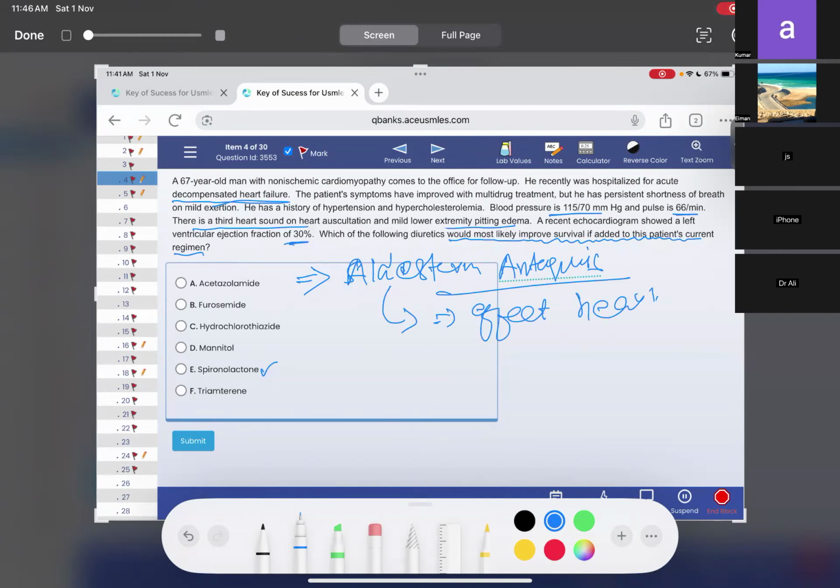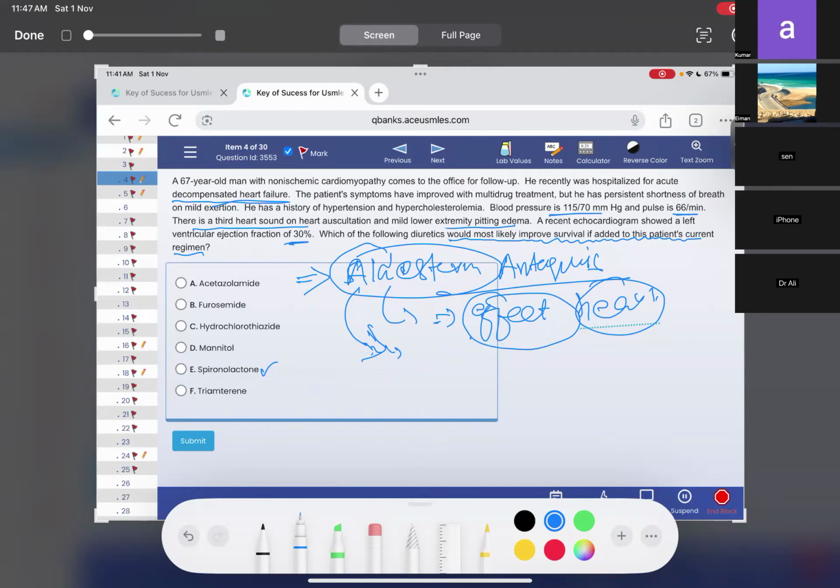Can anybody tell me? Cardiac remodeling. Yes, cardiac remodeling can be caused by aldosterone. This cardiac remodeling is very drastic, so we should prevent it by antagonizing this aldosterone.